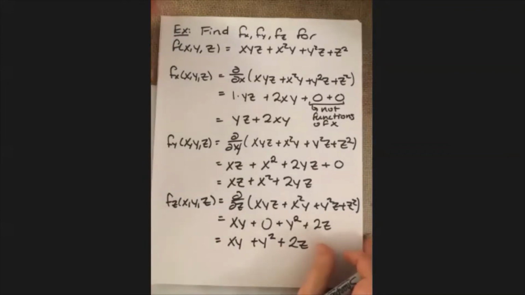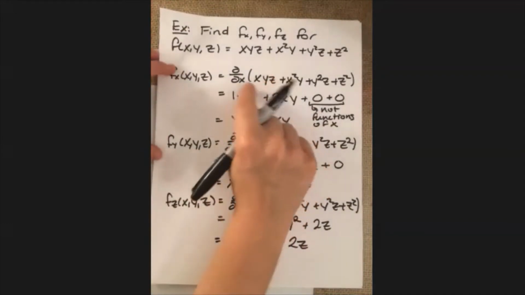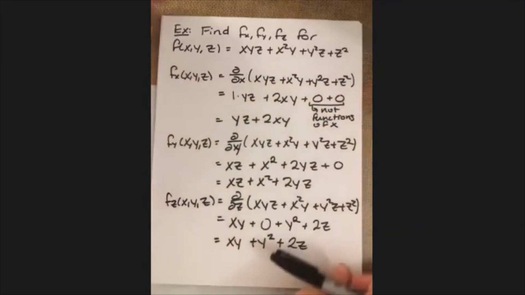So pretty straightforward. Again, you take the derivative with respect to whichever variable is listed here, and then you treat the other ones as other numbers. So like I said, the same derivative rules apply.